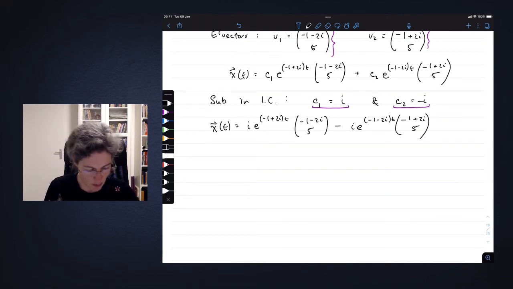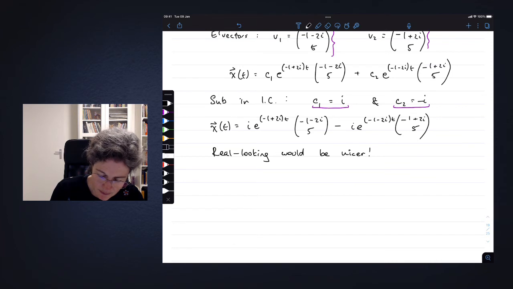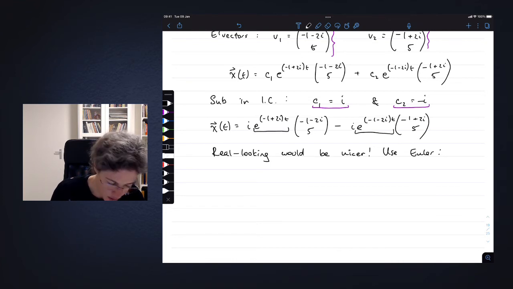And as usual, we apply Euler. So a real looking solution would be nicer. And once again, we're going to use Euler. So the two things that we want to do, we want to rewrite each of our e terms.